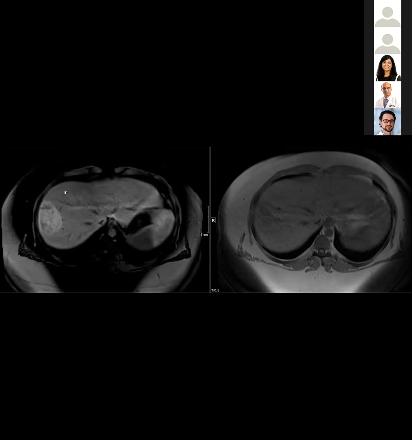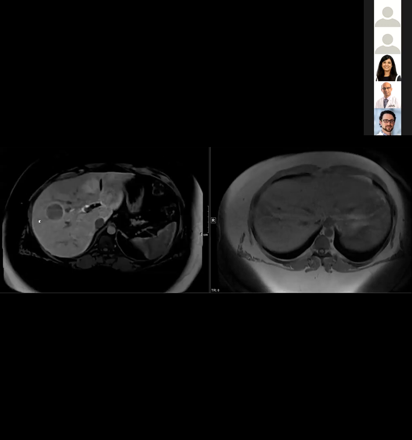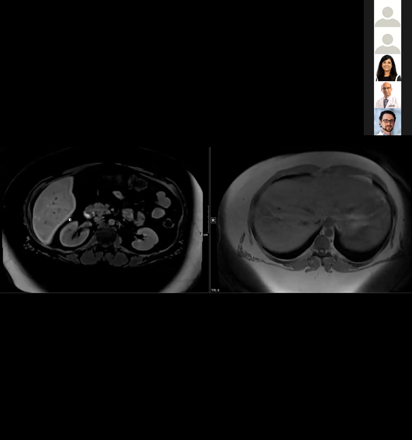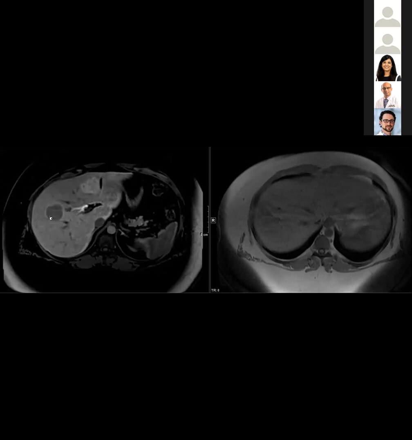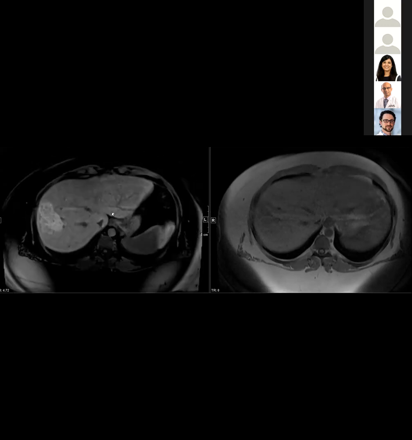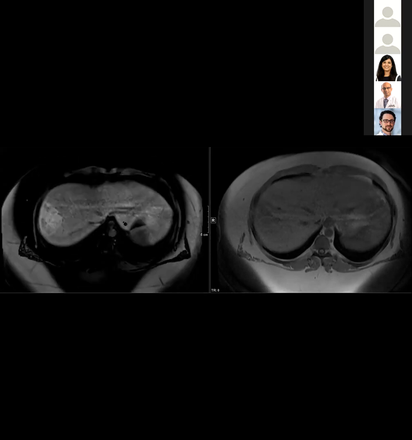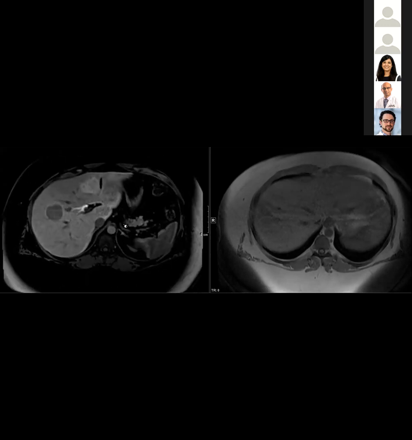Maybe smaller ones a little more homogeneous, but the bigger ones are more heterogeneous. And notice this one lesion in particular does not concentrate either. So with this imaging appearance and with this history, we strongly favor adenomas. And I think that this adenoma somehow is different, like its genetic profile is different from the rest of them.